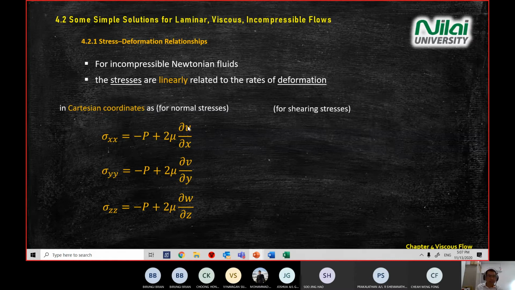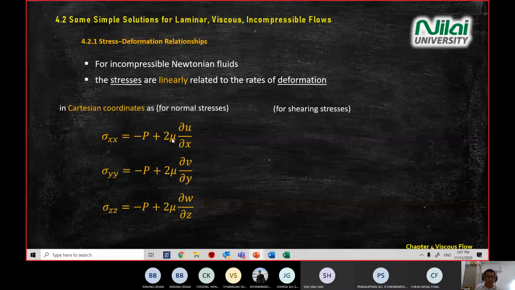Okay, this one I think you learned in your statics module already, statics and dynamics. So you have the stress in x, y, z, and then this one is the u, v, w, and mu, this one is the viscosity. Right.